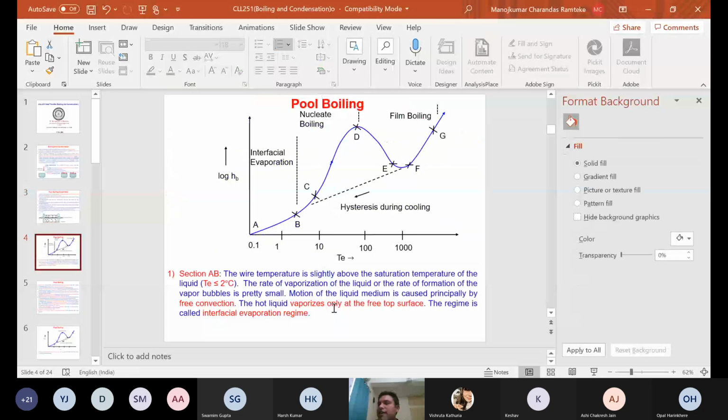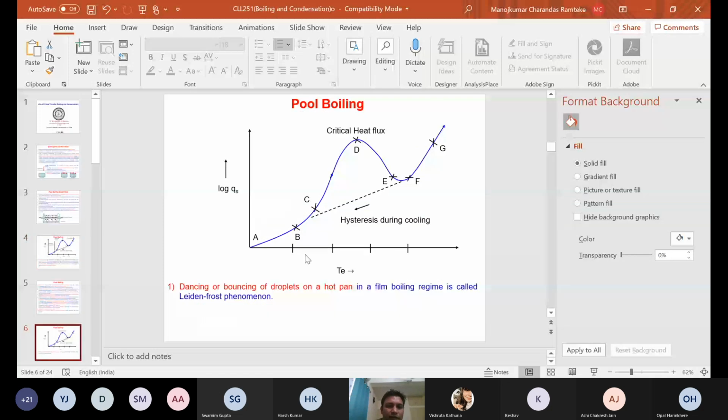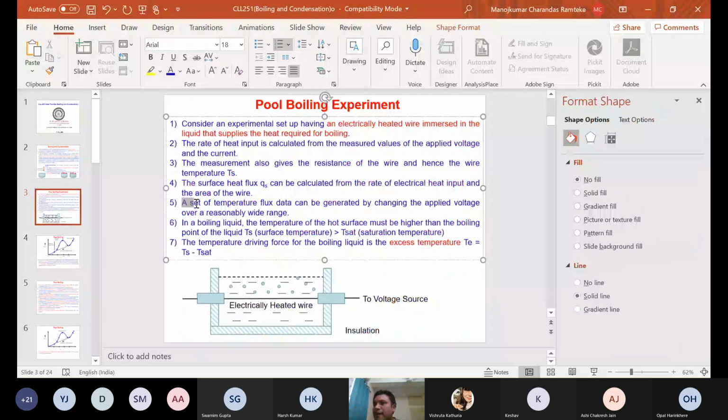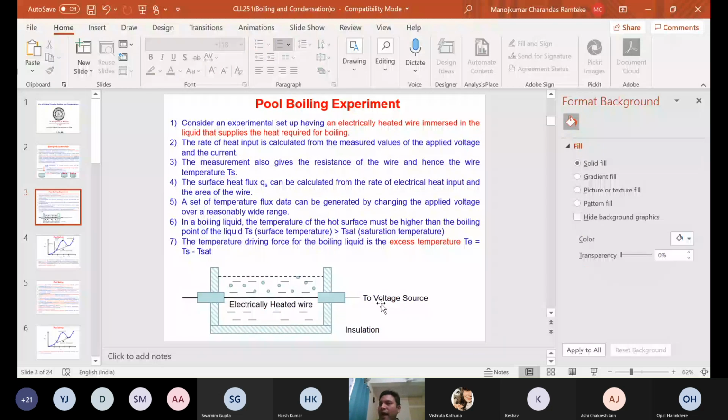So the wide range of heat flux with respect to ΔT is generated by changing the applied voltage. So by changing the applied voltage, what you are changing is basically the ΔT. If you increase the voltage, more heat will be dissipated in the liquid, and because of that the surface temperature of this wire is going to increase, and the excess temperature ΔT is going to increase. Did you get it now?